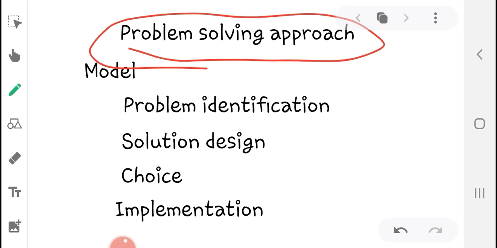We know that businesses face many challenges, a number of problems, and information systems are one major way of solving these problems. So the problem-solving approach has a direct relevance to your future career. I know you are here studying information systems because you are preparing yourself for a certain career.